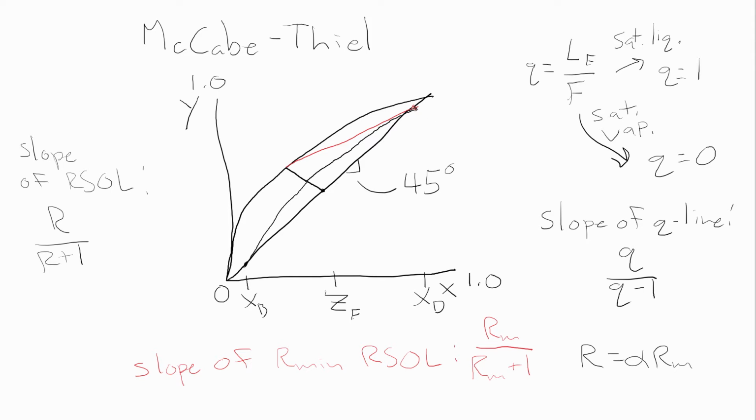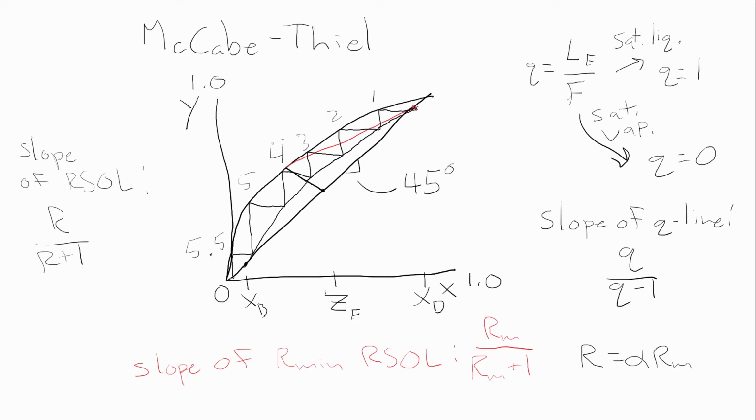And now we can count out the number of stages. We transition from one operating line to the other when we cross the Q line. And so here we have 1, 2, 3, 4, 5, about 5.5 stages.